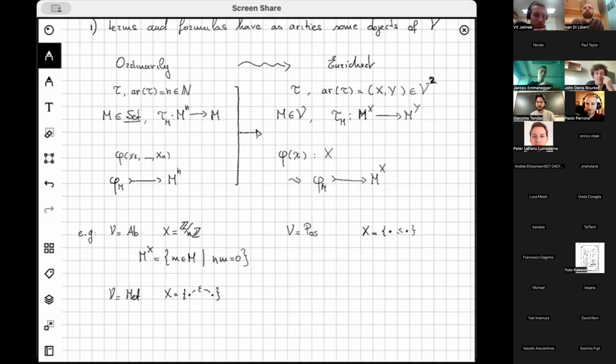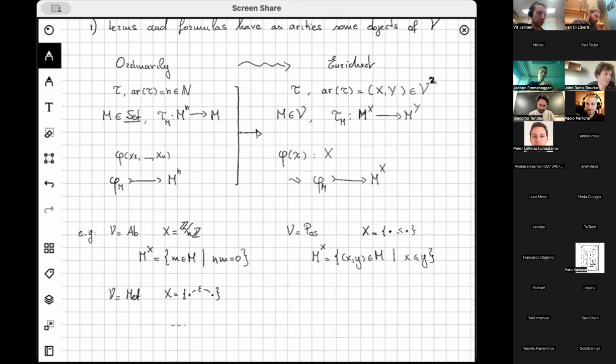And similarly with Pos, the category of posets, if you take the arity to be the chain with two elements, you can interpret an operation where you restrict the domain to all those pairs in M where one is less than or equal to the other, and so on, similarly with metric spaces.